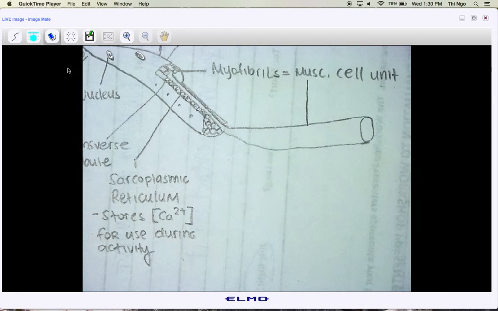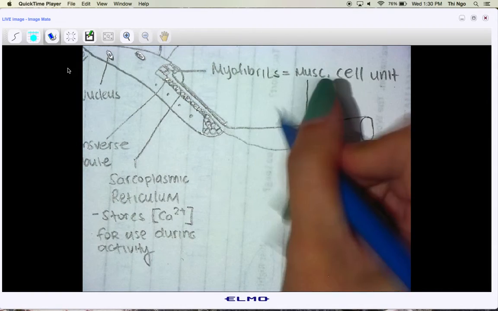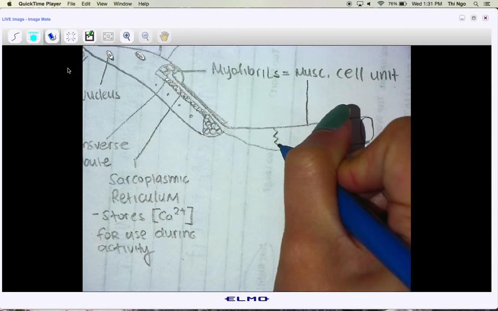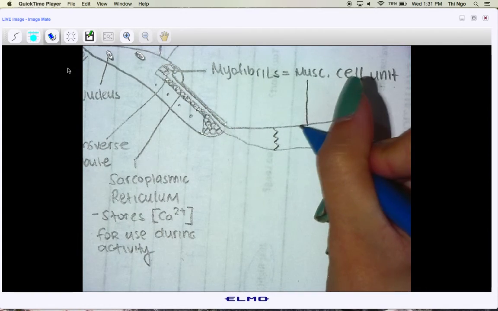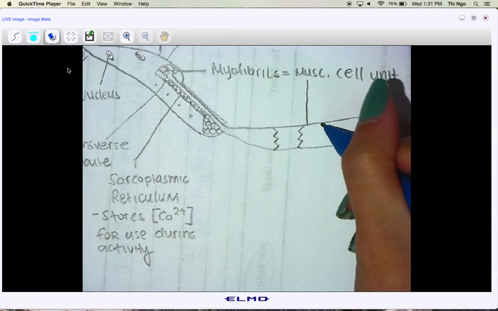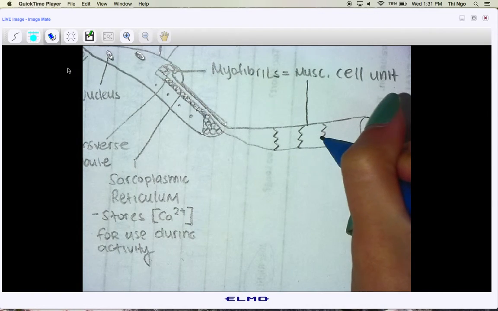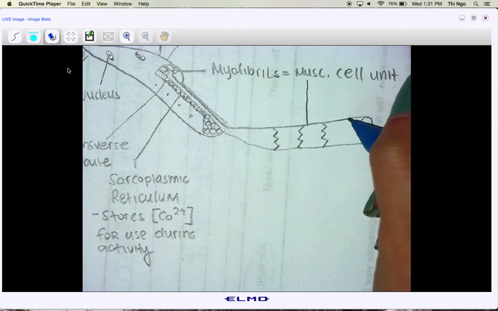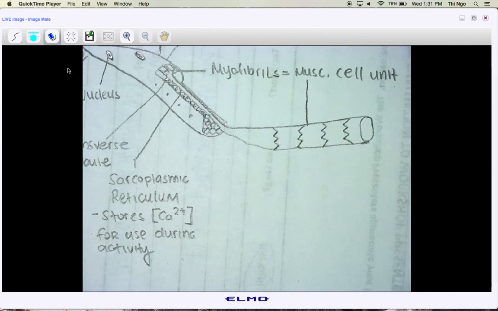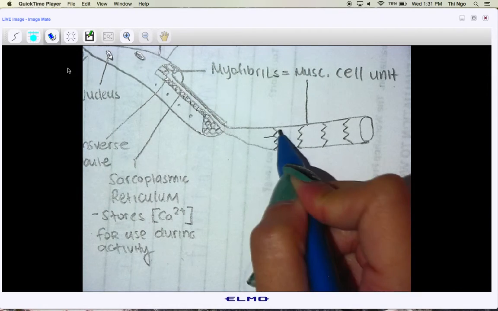Now, actin protein is pretty interesting because it comes in a very particular shape. It comes in a long stringy shape that forms a zigzag pattern. And when you have that little zigzag pattern, the actin actually has these little filaments that come off of the peaks of each zigzag.